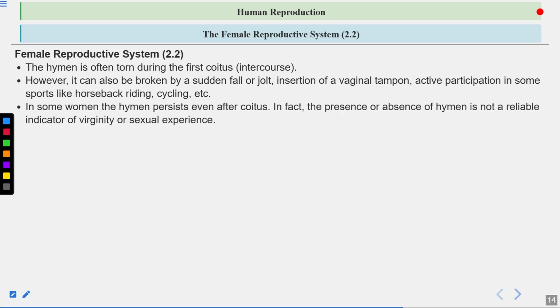In some women, the hymen persists even after the coitus. In fact, the presence or absence of hymen is not a reliable indicator of virginity or sexual experience. So the hymen can break down due to various reasons that we have listed here. Sometimes the hymen can persist even after sexual intercourse. So the presence or absence of hymen is not a reliable indicator of virginity or sexual experience.